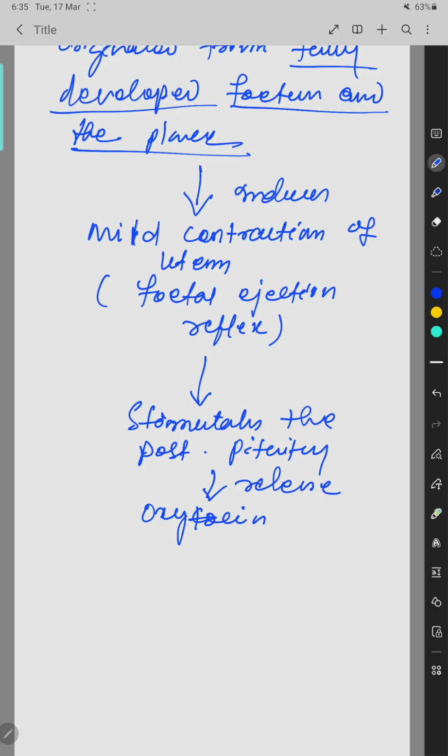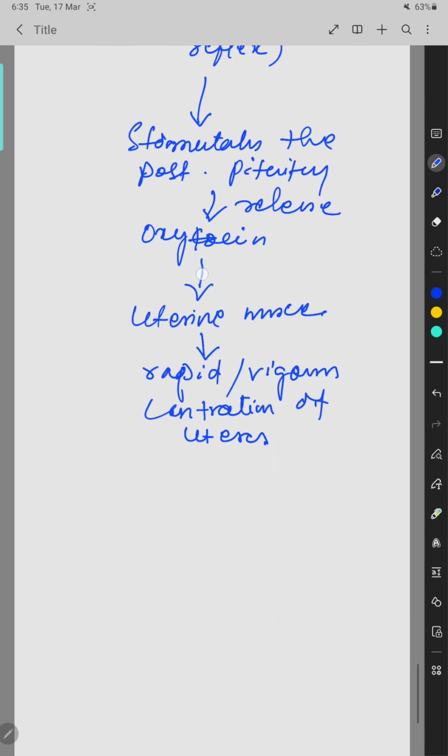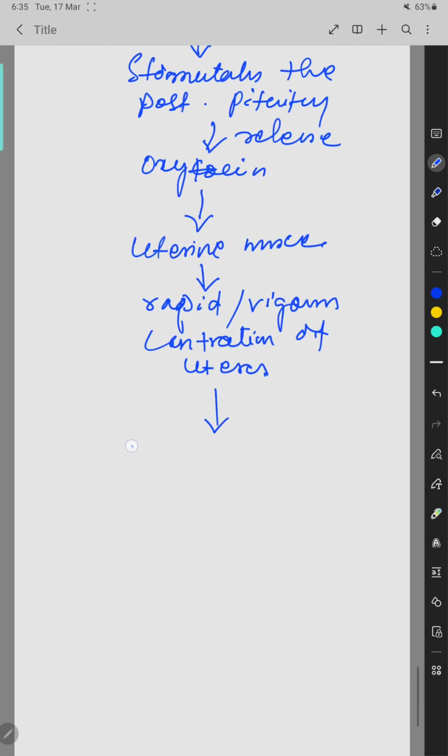Okay, now this oxytocin acts on uterine muscle and causes rapid or vigorous contraction of uterus, and the expulsion of the baby takes place.